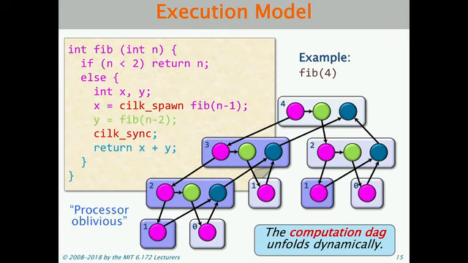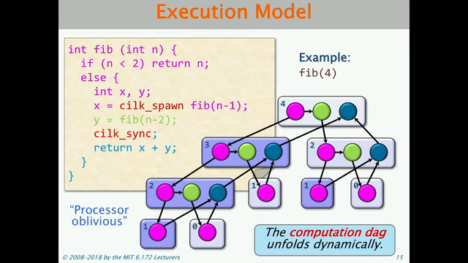And also, this graph here is processor oblivious. Nowhere in this computation DAG did I mention the number of processors I had for the computation. And similarly, in the code here, I never mentioned the number of processors that I'm using. So the runtime system is going to figure out how to map these tasks to the number of processors that you give to the computation dynamically at runtime.